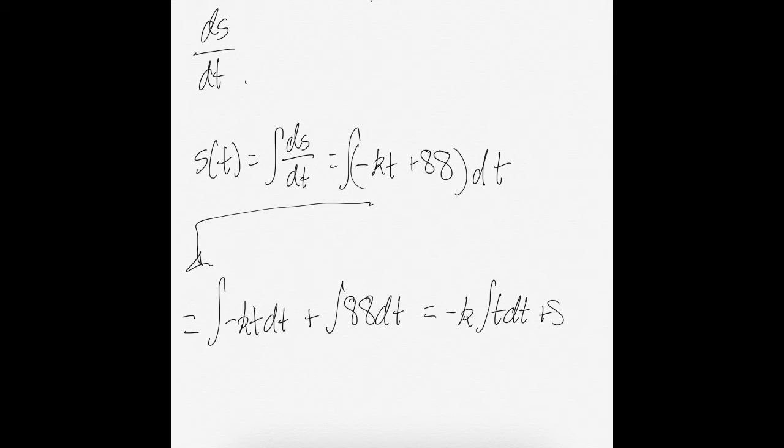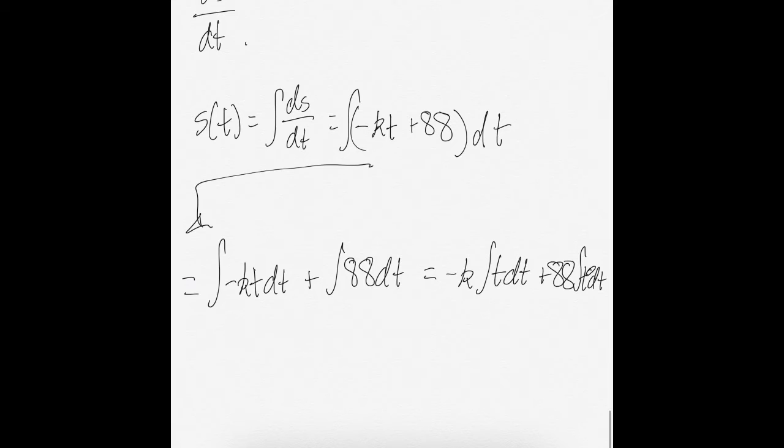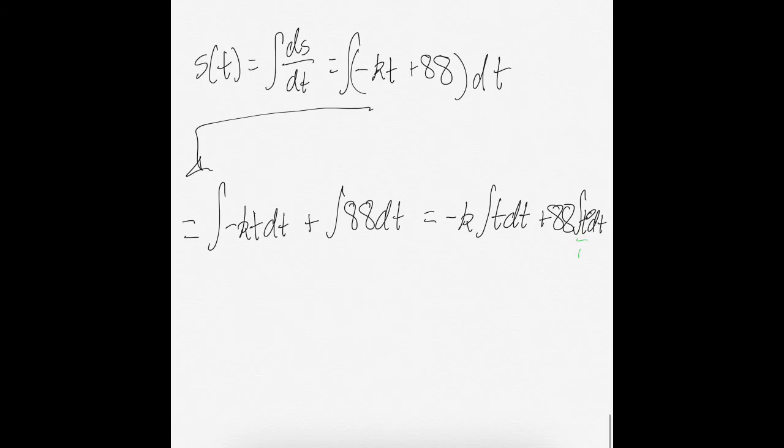Well, negative kt, we can integrate this nicely as the integral of negative kt dt plus the integral of 88 dt. Negative k is a constant here, so that's negative k times the integral of t dt plus 88 times the integral of, I'll write it again this way, t to the 0 dt, although really this is just a 1 here.